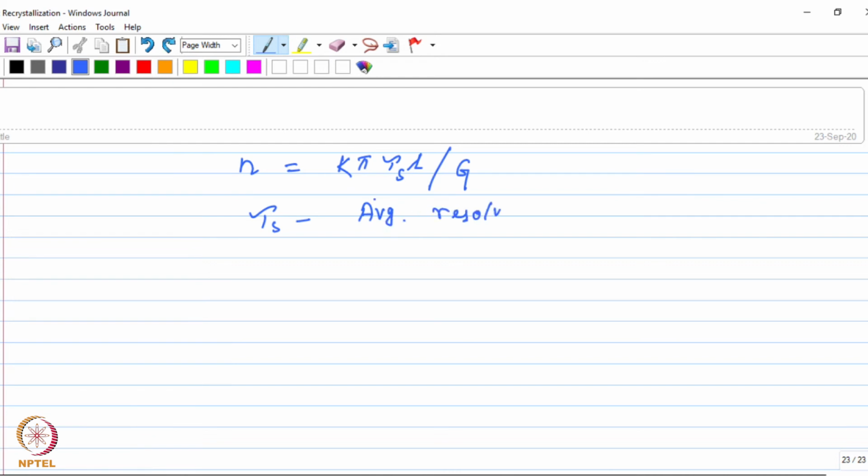Tau s is the average resolved shear stress for moving the dislocations, right?